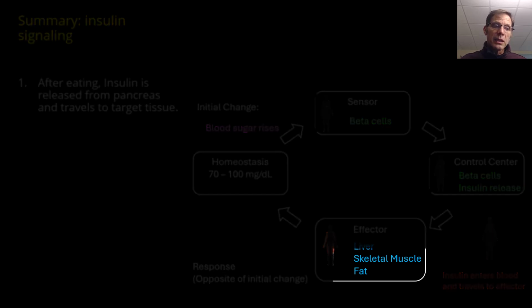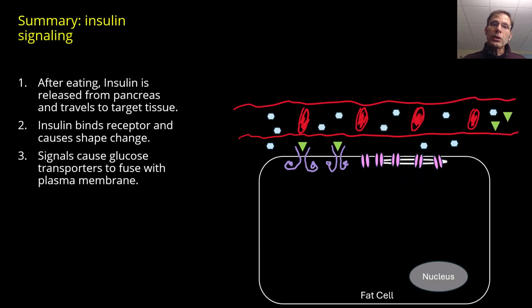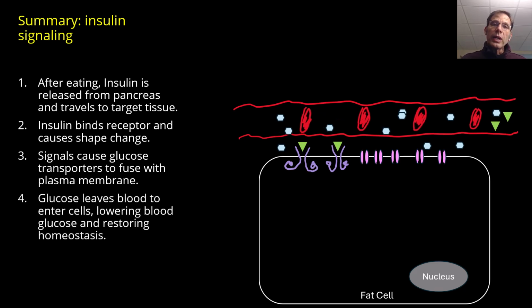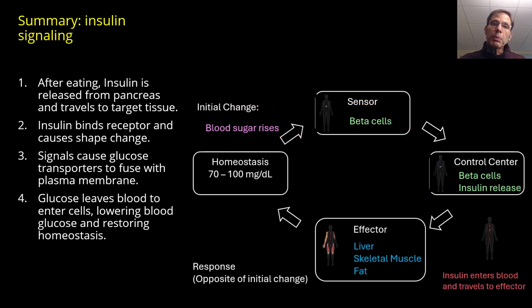In skeletal muscle and fat, there's a signal that's going to cause the GLUT4 glucose transporters to be inserted into the plasma membrane of those cells. At that point, the concentration gradient drives glucose from the blood into the cell. This lowers blood glucose and restores homeostasis.